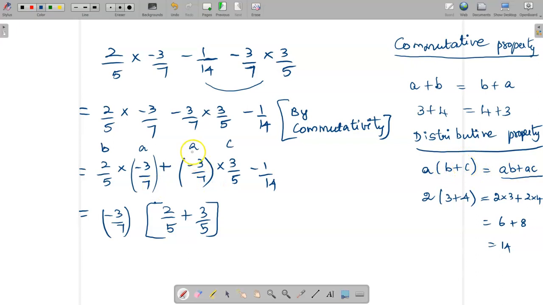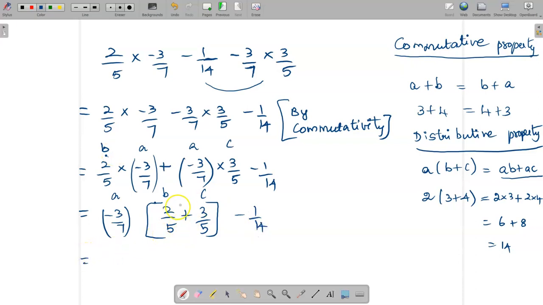In both the terms I have A common, and now this is B, this is C, so A into B plus C. No issues, I can write AB as BA also, correct. So I have minus 1 by 14 as the remaining term.